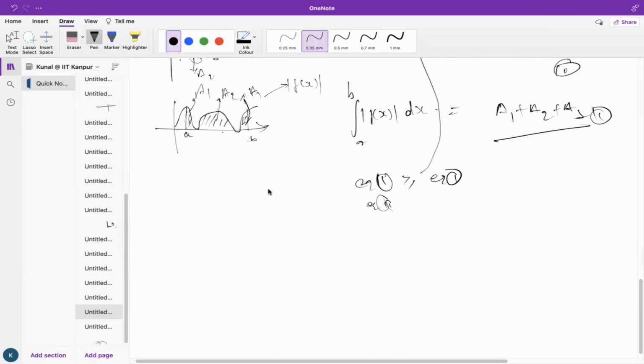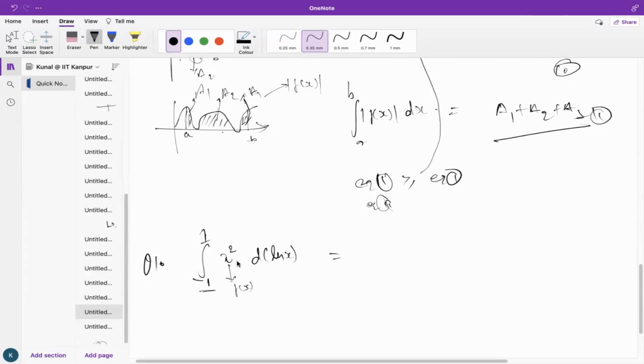Now move to the question, which looks like: integrate from -1 to 1 x square d(ln x). This is our integrating function, and this is our given integral.